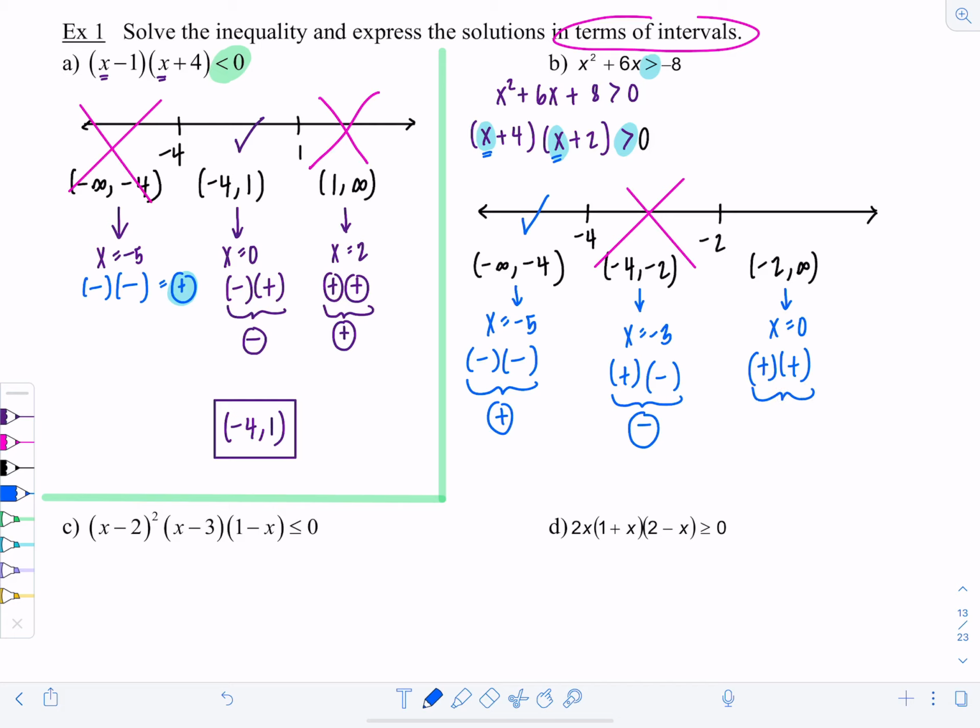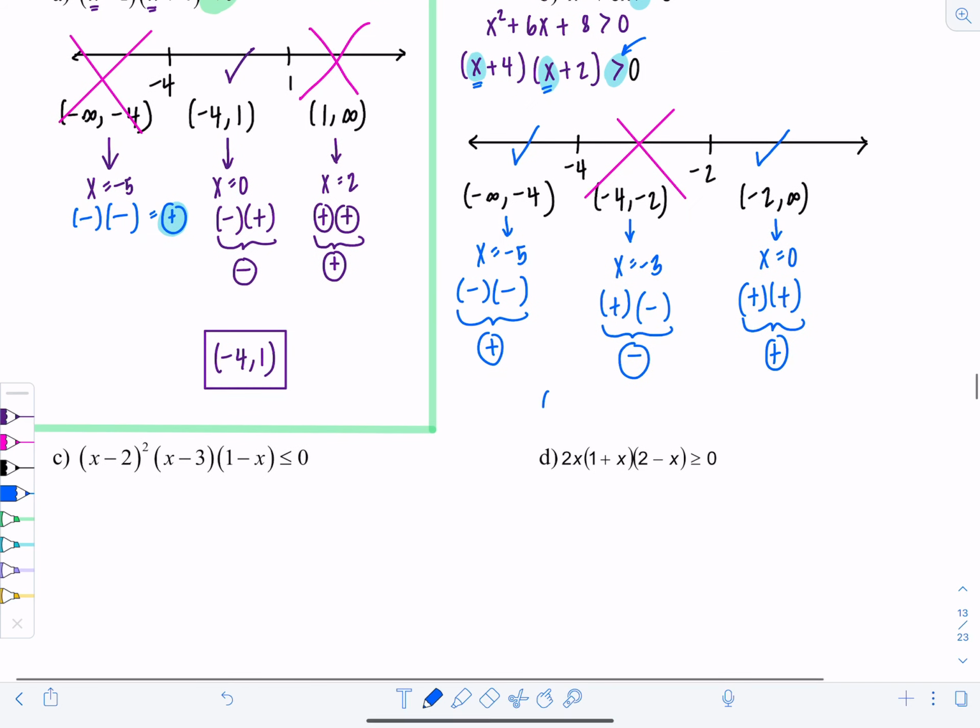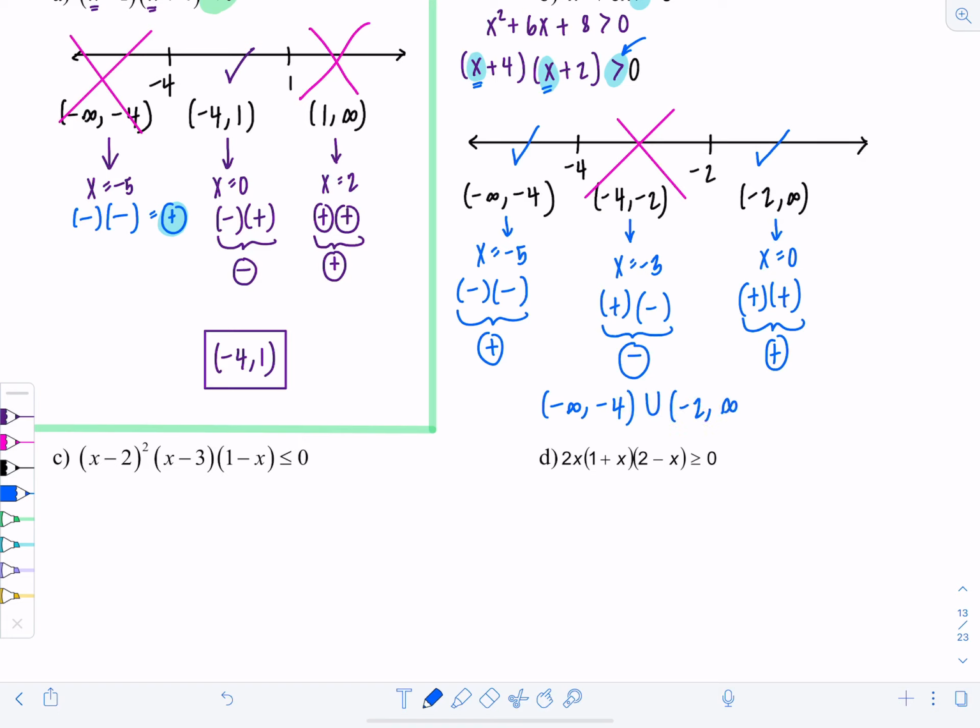A positive times a positive is positive. And positive numbers are greater than 0, so that works. So this time we actually have 2 intervals that satisfied the inequality. So when you write out your final answer, you're going to union them, join them together. So you would list it as -infinity to -4 union -2 to infinity.